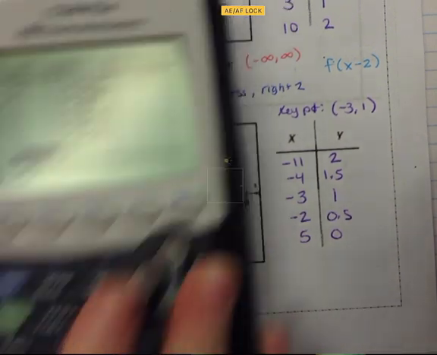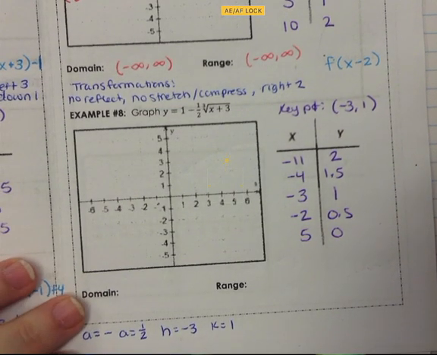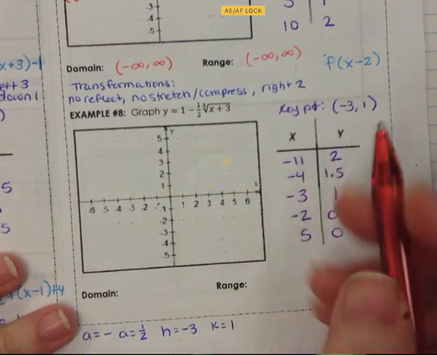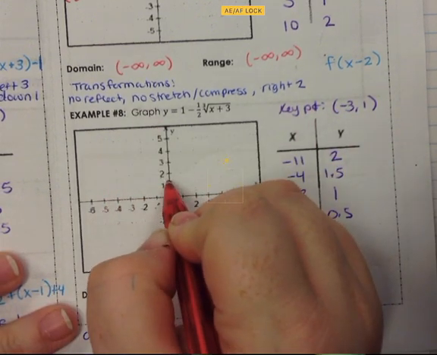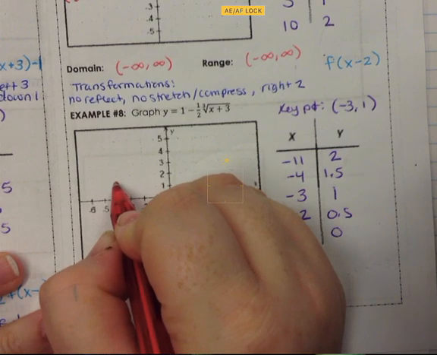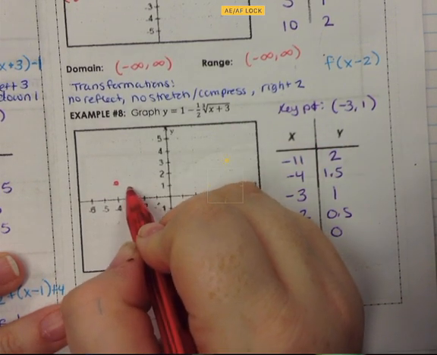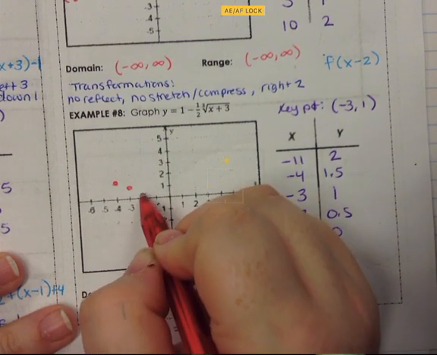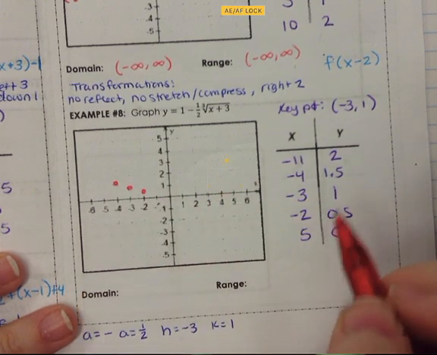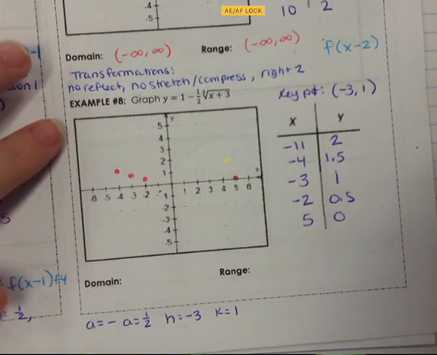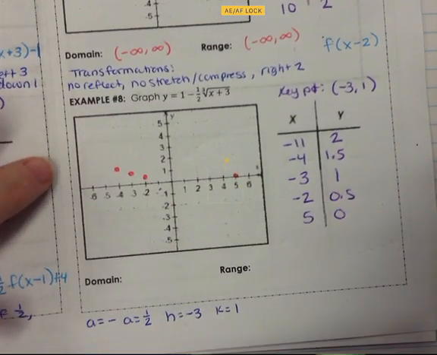So we have some halves which are okay to still graph because we can find those. So I can't graph -11, 2, that's okay. -4 and then 1.5. -4, 1.5. -3, +1. -2.5. And then 5, 0. So I don't have that other coordinate over here, but I know it's going to be way over here.